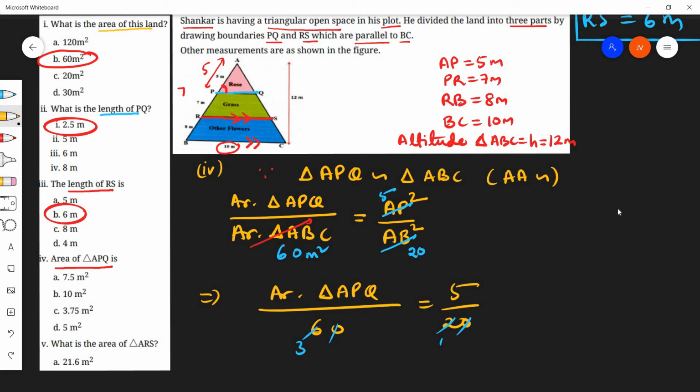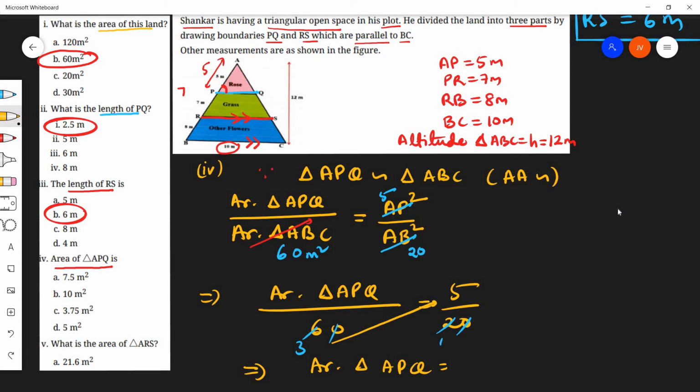Now we will go for cross multiplication. On cross multiplication, we will get area of triangle APQ as 3 times this is 5 square. I just make a small correction here.